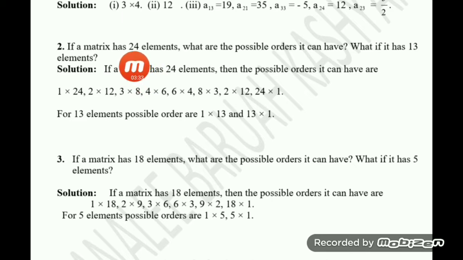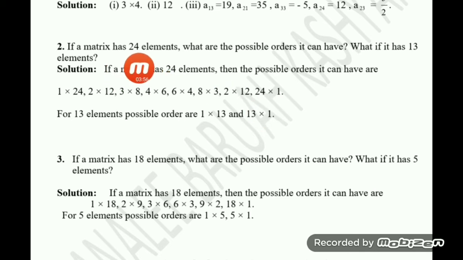So one of the orders is 1 by 24. That means here we have 1 row, 24 columns. Then if you interchange the rows and columns, you will get 24 by 1. This is another possible order.